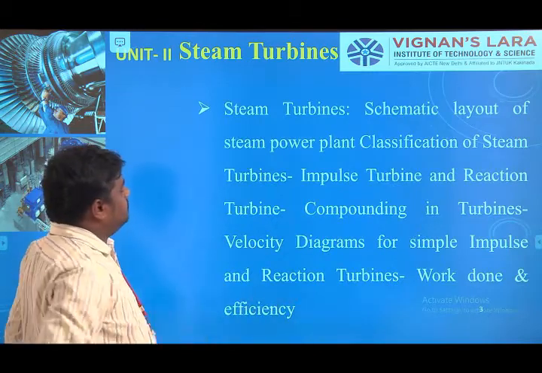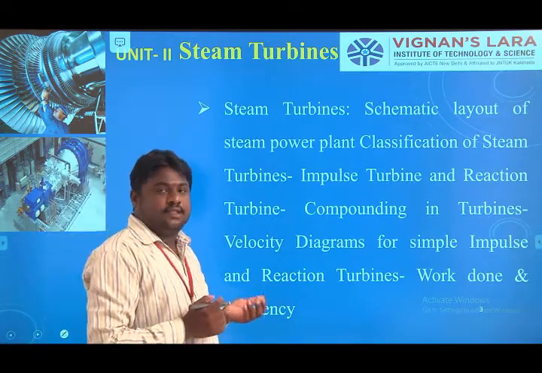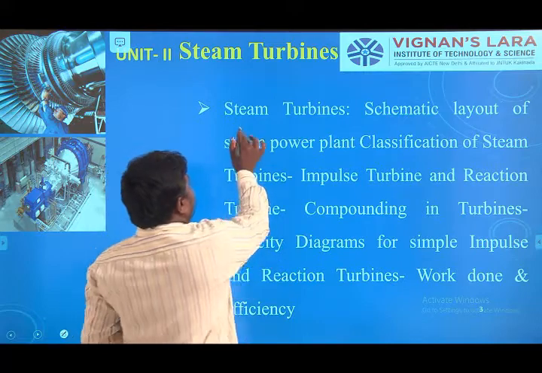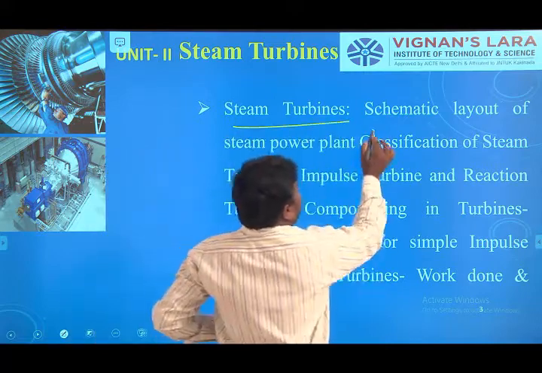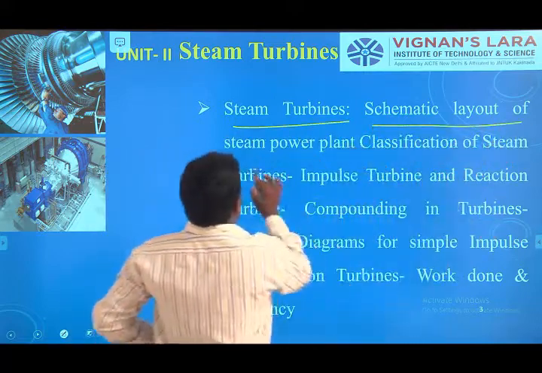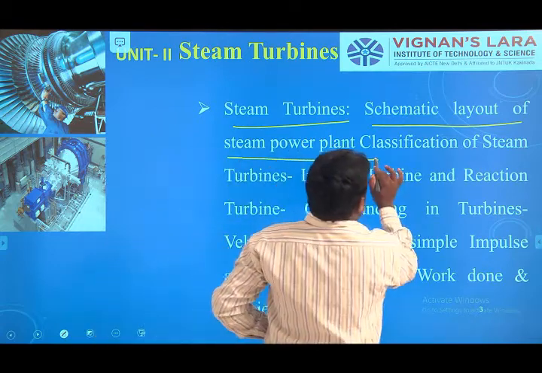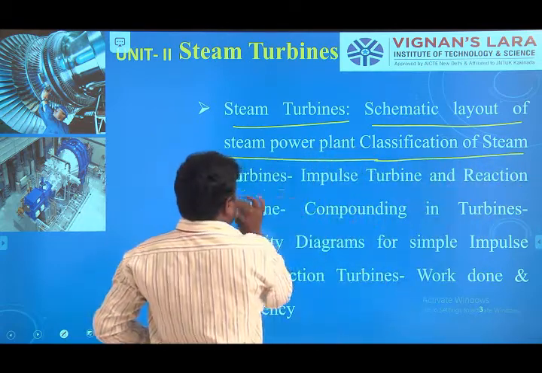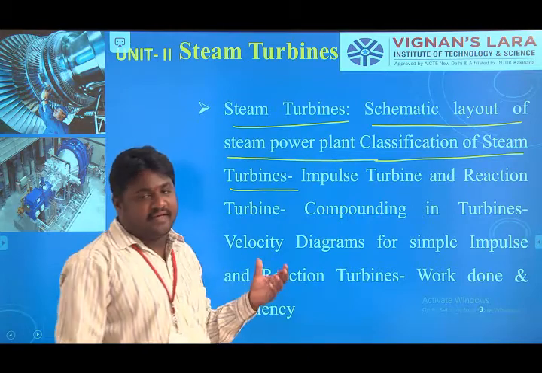Now I am going to explain today's class, the steam turbines: the systematic layout of a steam power plant and the classification of steam turbines like impulse turbine and reaction turbine.